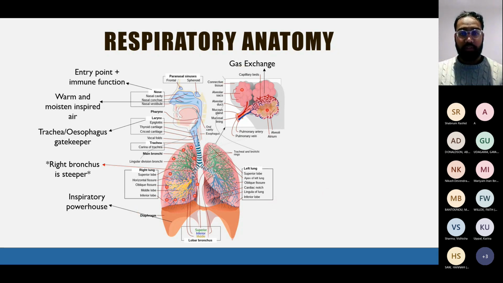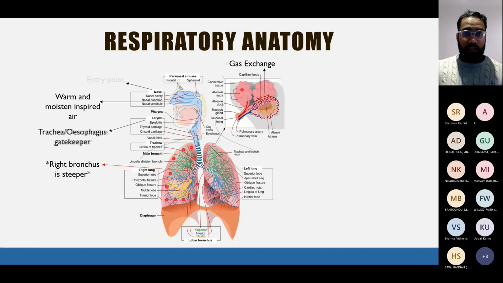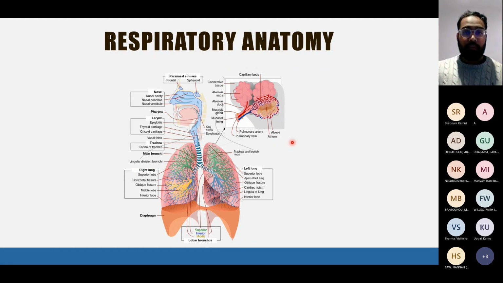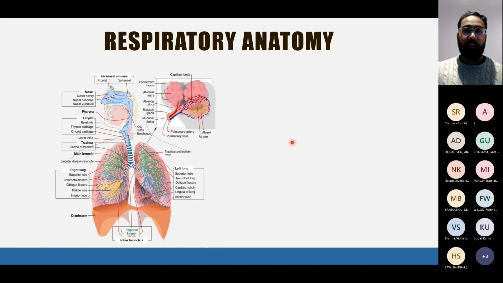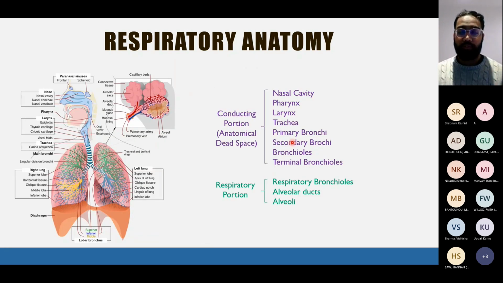That corresponds to the stuff up here. You've got these alveolar sacs, completely covered with capillaries. We're going to go over the process of gas exchange as well. We'll revise that. So that's an overview from nose all the way to the alveoli, and we can split that up into the conducting and the respiratory portion of the respiratory system.